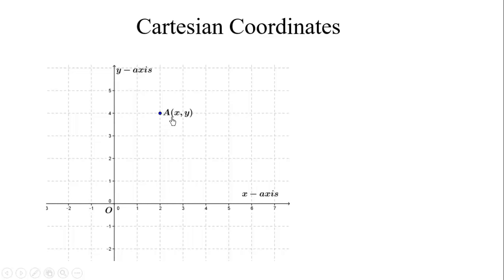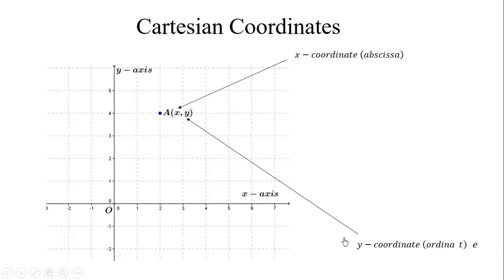Now if you have a point A, an ordered pair of course, with the first coordinate being the x coordinate, also known as the abscissa, then the second coordinate being the y coordinate, also known as the ordinate.